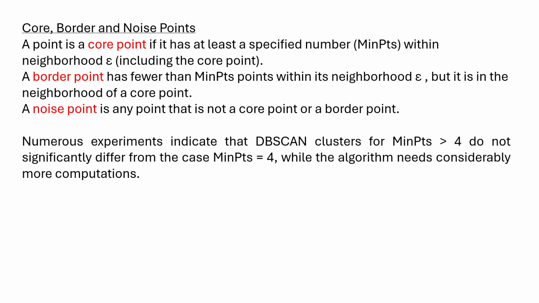A border point does not have enough neighbors to qualify as a core point, but it lies within the neighborhood of a core point and it is therefore assigned to that cluster. Finally, a noise point is neither a core point nor connected to one. Such observations are treated as outliers and are excluded from the final clusters.